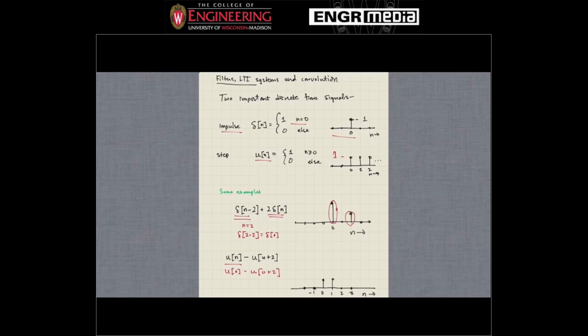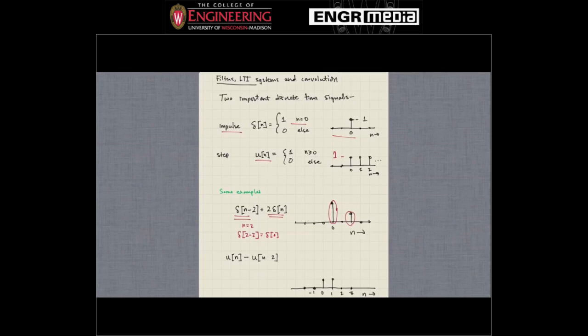Actually, I'm noticing there's an error in this. So we can also build these signals, more complicated signals, out of this u of n function, this step function.